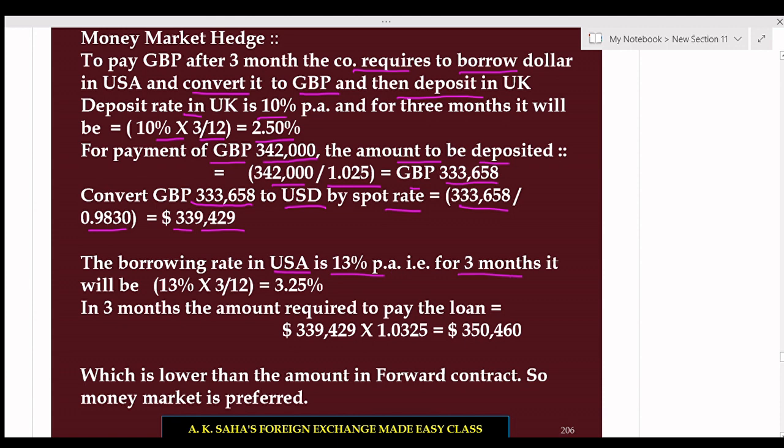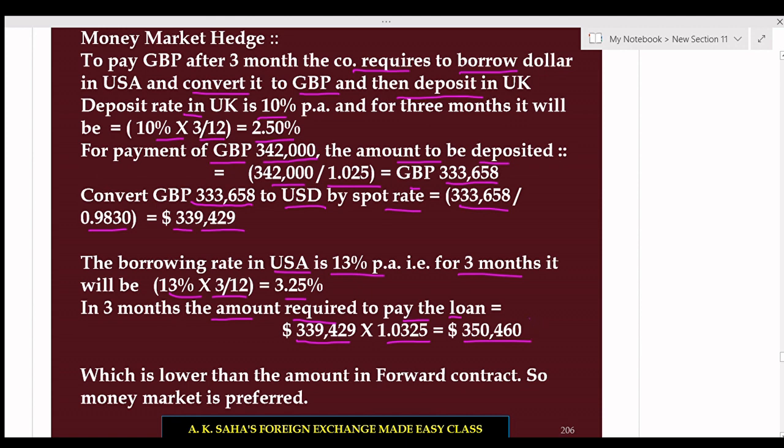The borrowing rate in the USA is 13% per annum. For 3 months it will be 13% multiplied by 3 by 12, which is equal to 3.25%. In 3 months, the amount required to pay the loan is 3,33,429 multiplied by 1.0325, which is equal to $3,50,460.